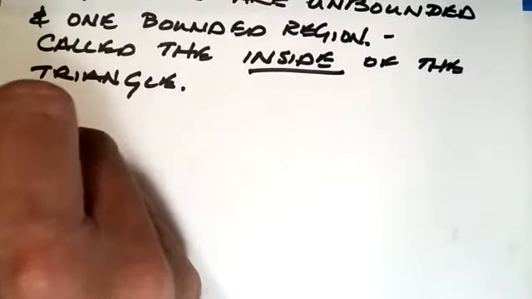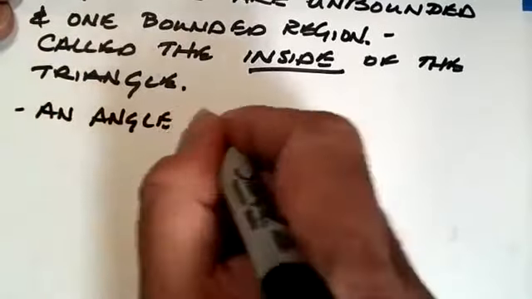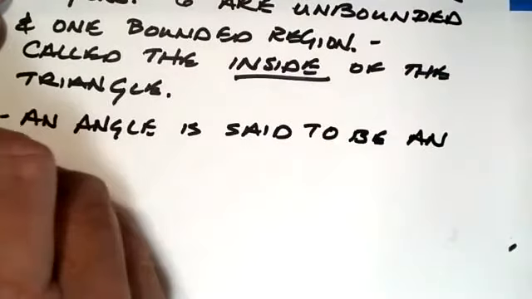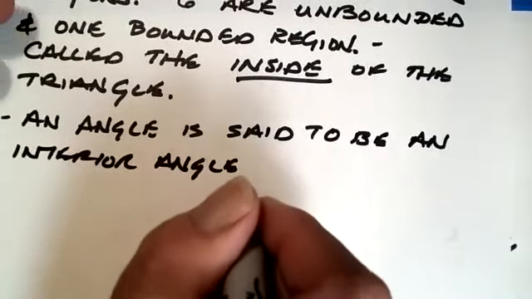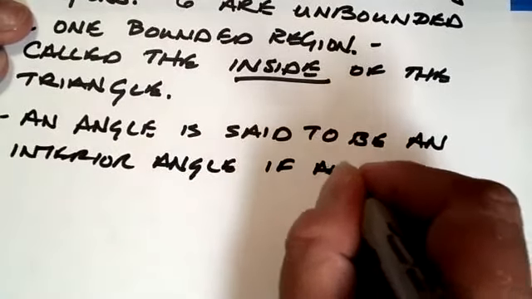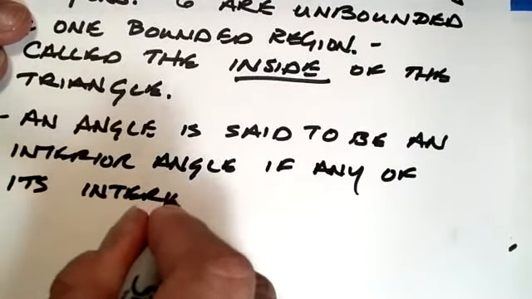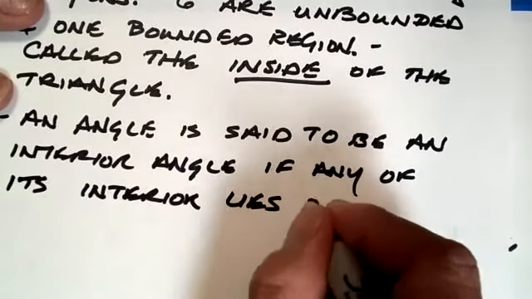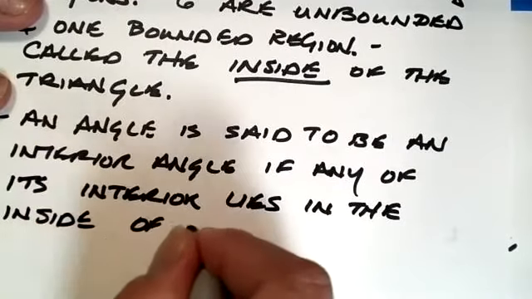So let me go ahead and continue with this idea. So an angle is said to be an interior angle if any of its interior lies on the inside of the triangle.